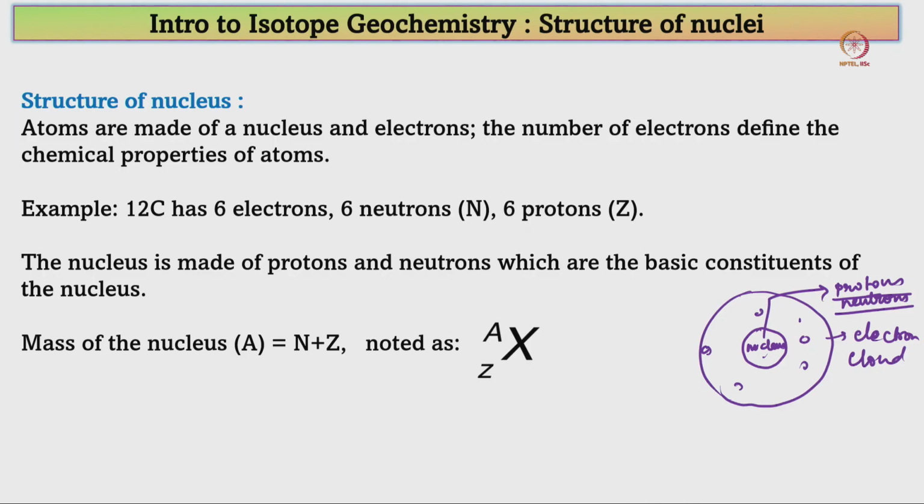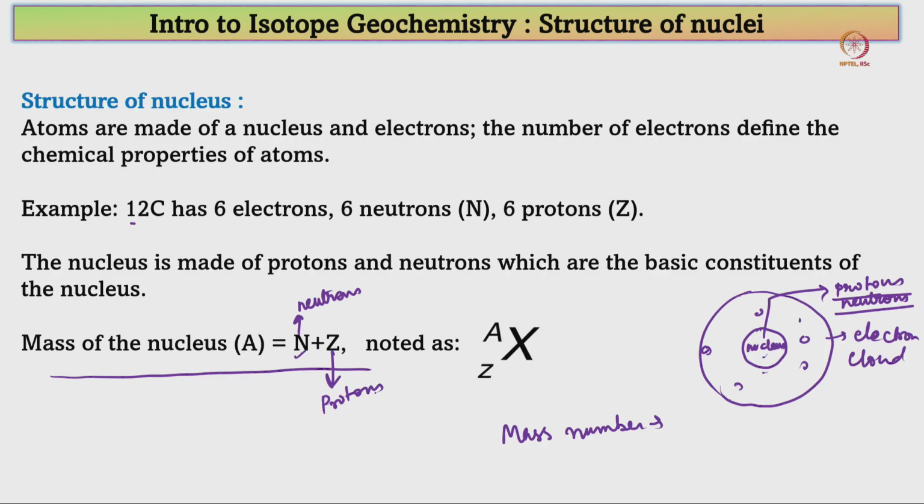Now, what is called the mass number? The mass number is actually the mass of the nucleus itself, the total number of protons and neutrons. We have N, the number of neutrons, and Z, the number of protons.